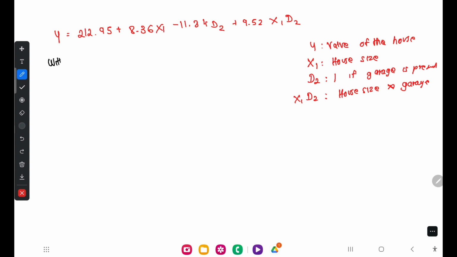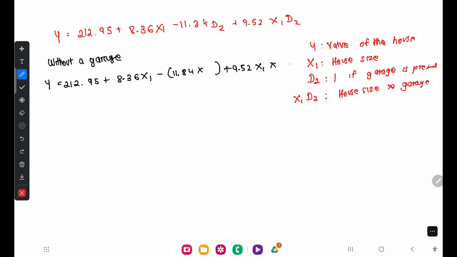So if it's without a garage, that means we are considering D2 to be 0, right? So y equals 212.95 plus 8.36 x1 minus 11.84 into something plus 9.52 x1 into something.